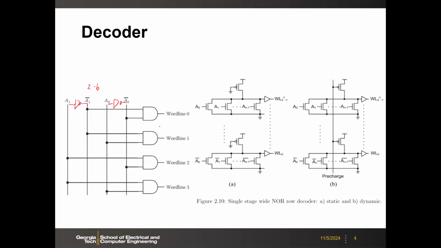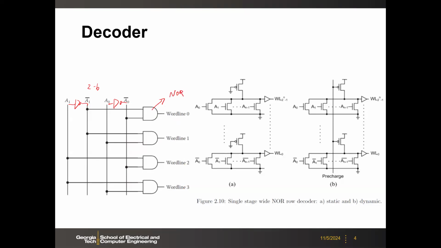And then you will have this kind of NOR gate to decode this 2-bit input to four outputs. So here you can drive word line 0, 1, 2, 3. And those NOR gates, you can use standard NOR gate implementation, right?